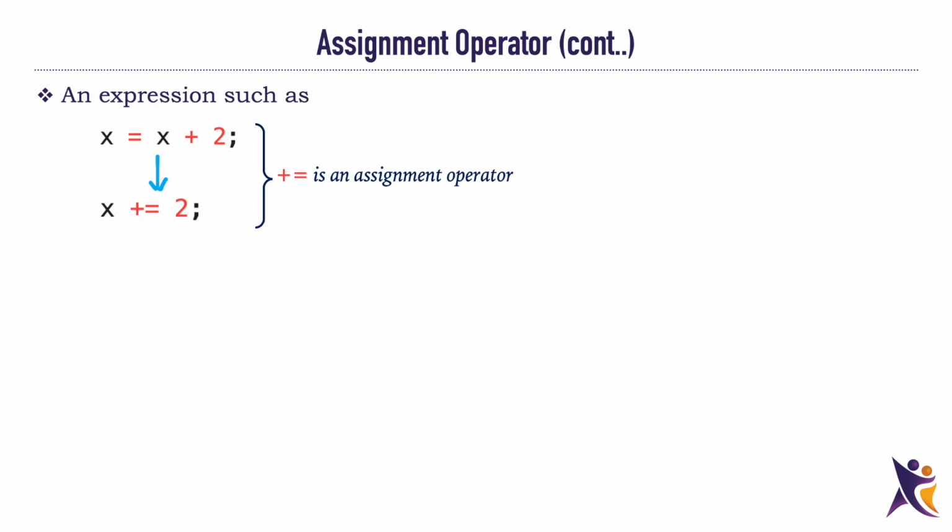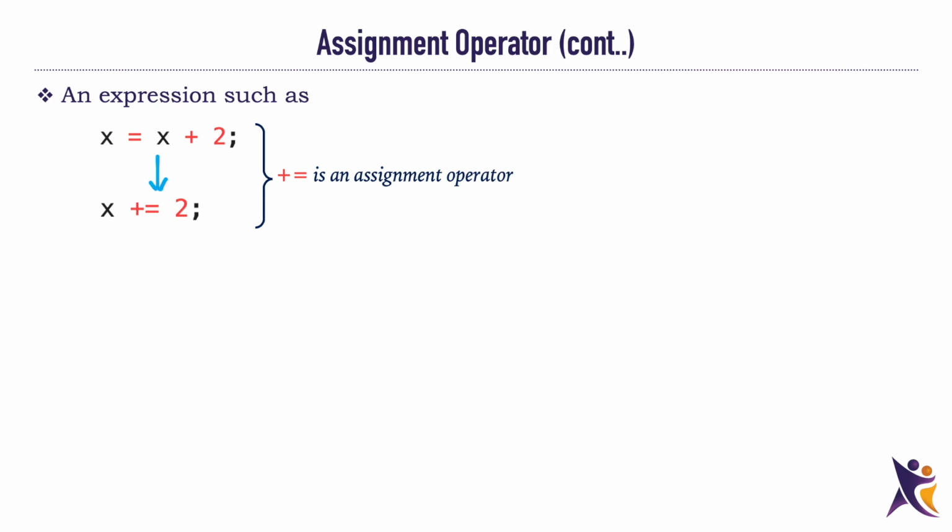Whenever a variable on the left hand side also appears on the right hand side, we may be able to write the complete expression in a shorthand notation, a compressed version of the complete expression, right? So in this case we have seen how to use plus or addition in the shorthand notation.